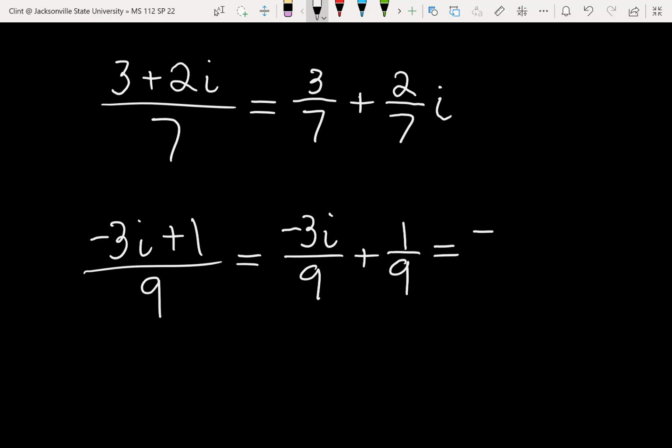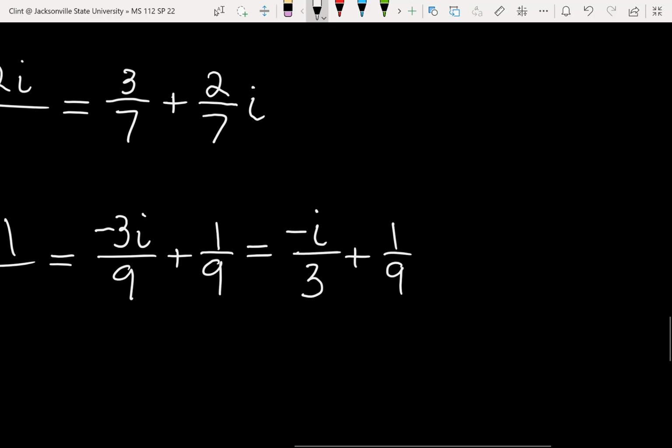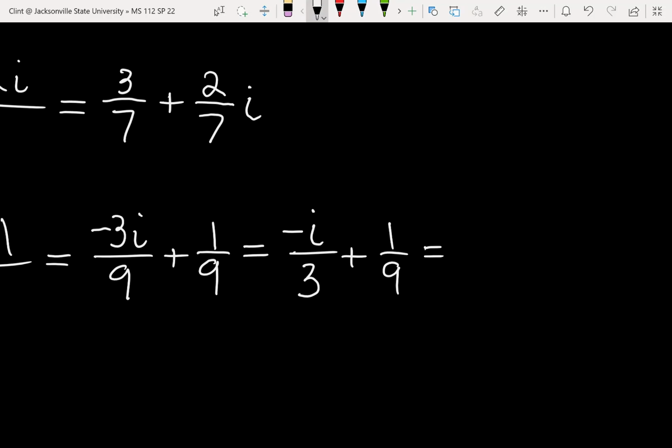That would just give us negative 1i over 3 plus 1/9. And then finally, the 1/9 would need to go in the front. And then if we move the i down to the side, that's negative 1/3 i. So that's what it would want on that one.